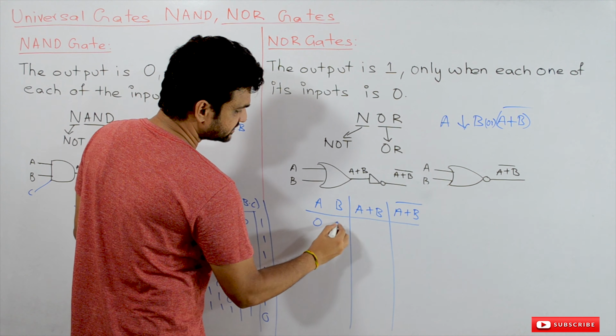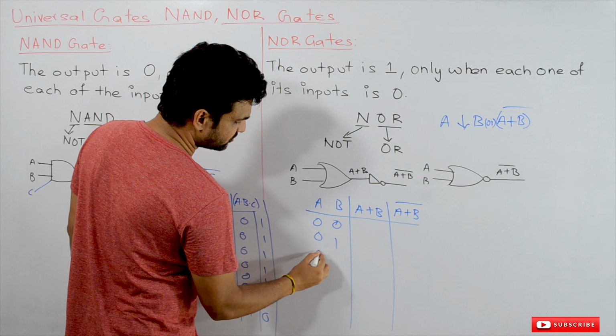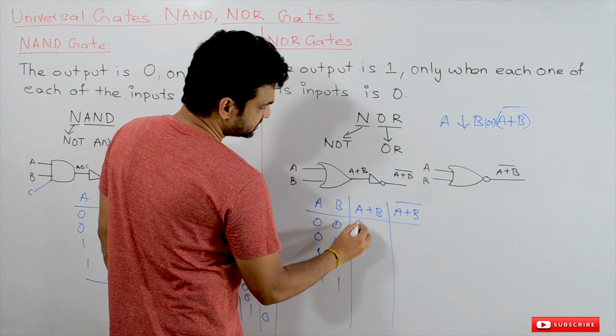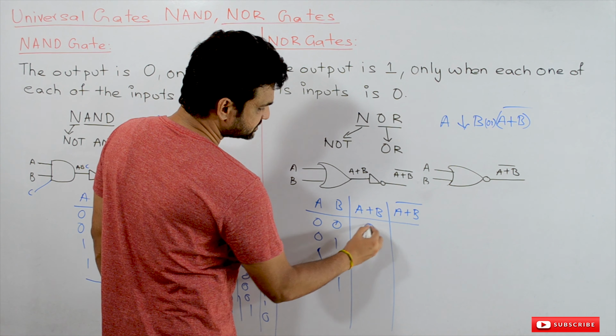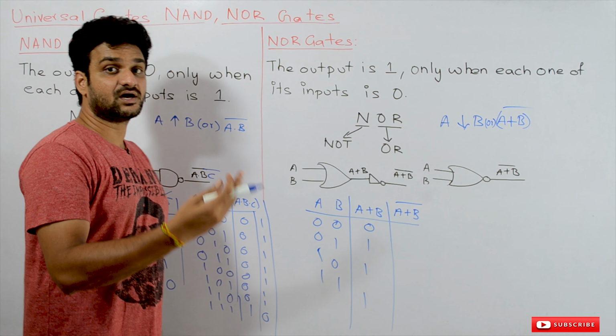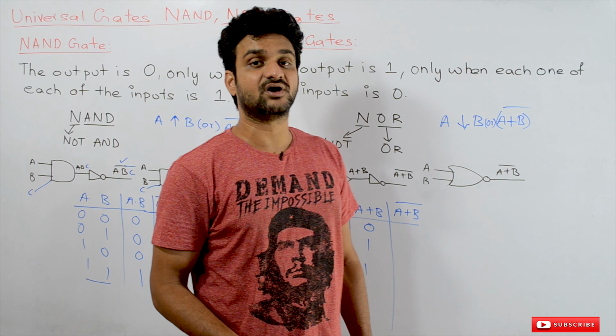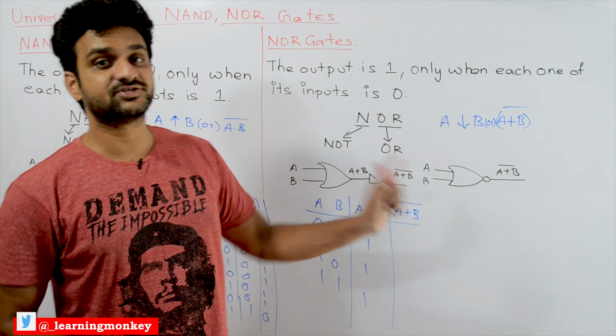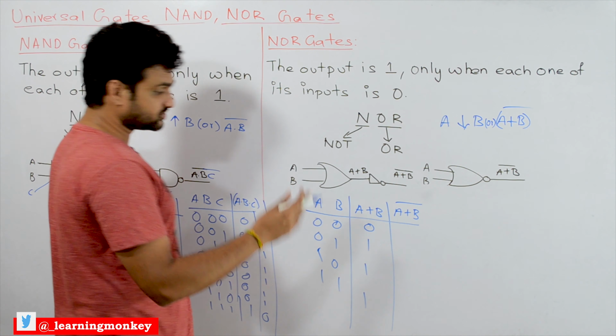For example, there are 4 possible combinations with 2 inputs, and the OR gate output is 0 1 1 1. With the OR gate, if there exists at least one 1, then the output is going to be a 1.